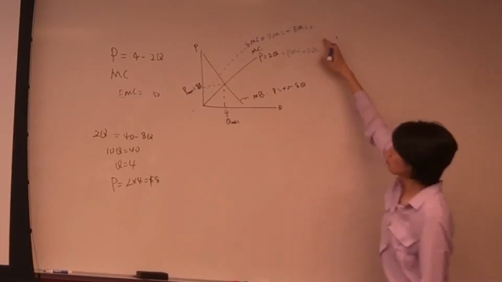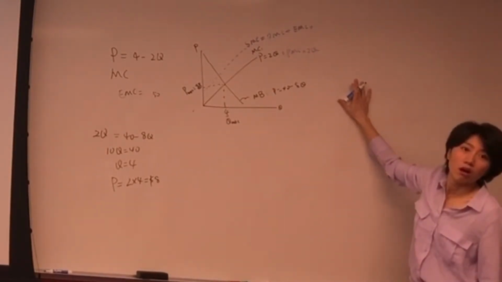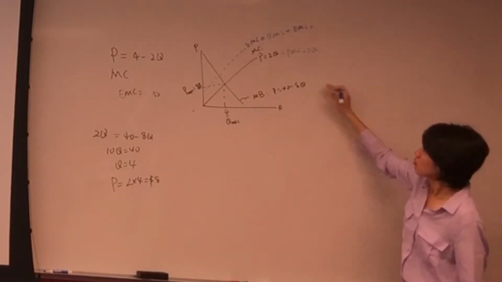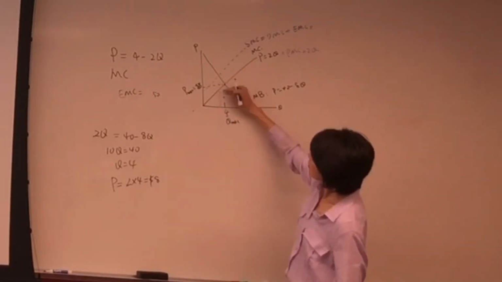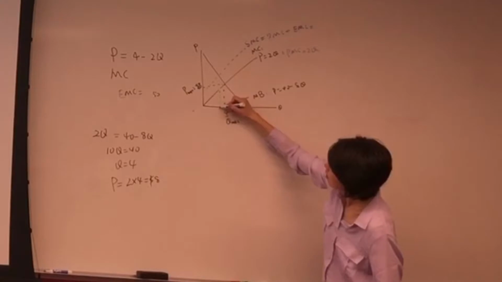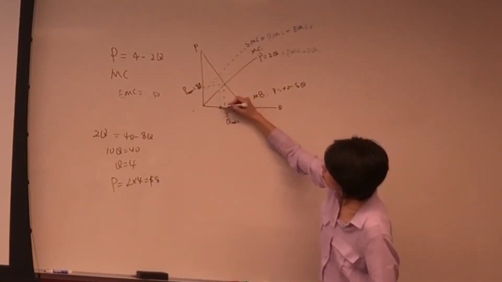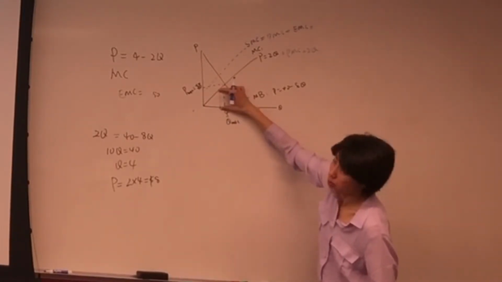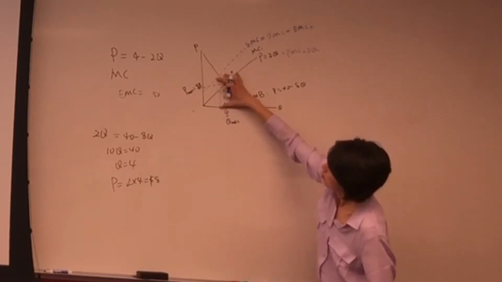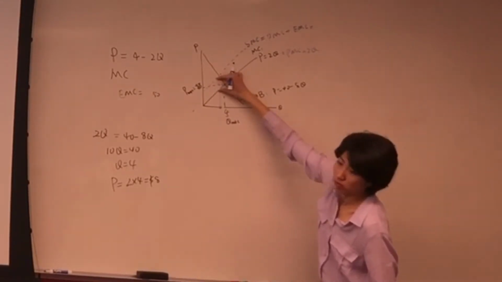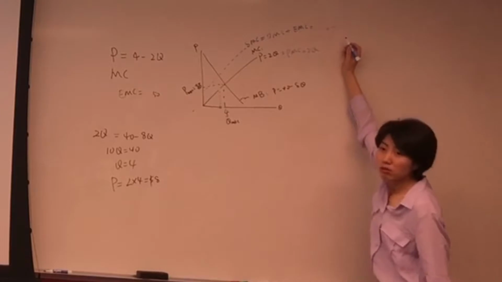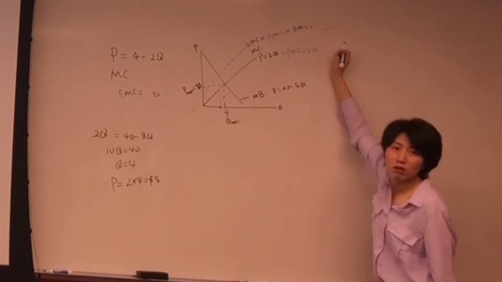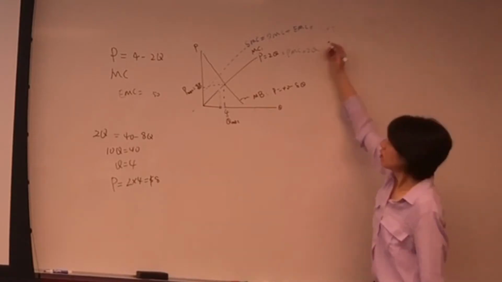So what is it equal to? For each additional unit of paper produced, the private cost is this much, but the social cost is this much: private cost plus external marginal cost, which is plus 0.5.